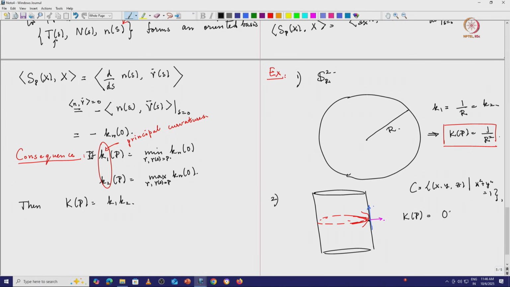So even though to the naked eye the cylinder seems curved, if you are an ant on this surface, intrinsically you will not notice any curvature.